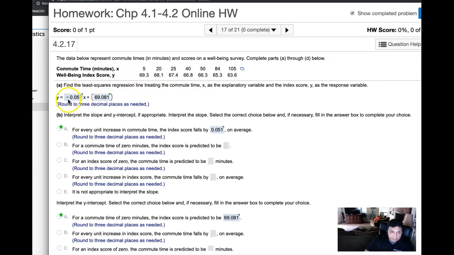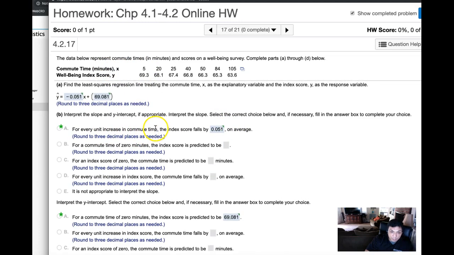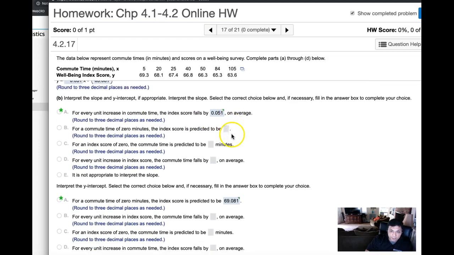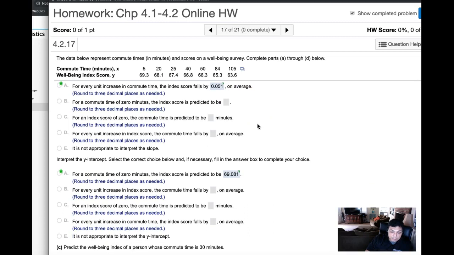So that's what it's saying here, that your well-being decreases by 0.051 points on average when your commute time increases by 1 minute. A slope is a rate of change, and we're talking per unit, which is per minute in this case because x is minutes. So for every increase in commute time by 1 minute, the index score decreases by that amount. And so that's your interpretation.